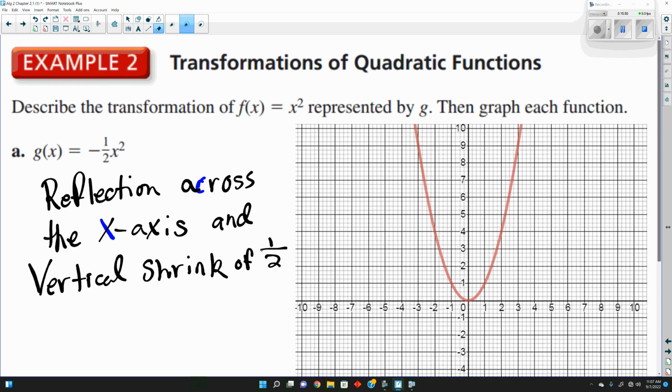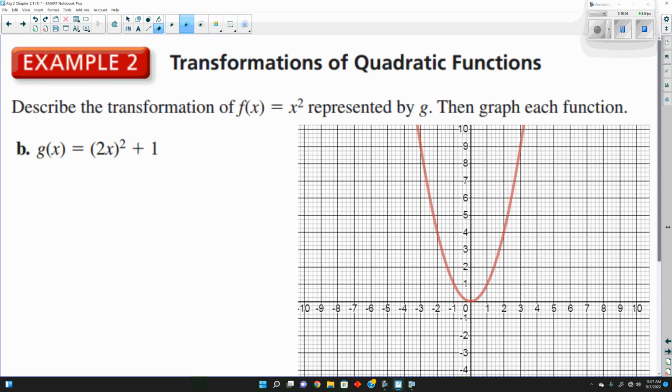Let's put those away. Let's look at the next one. Guys, here we have 2x squared plus 1.